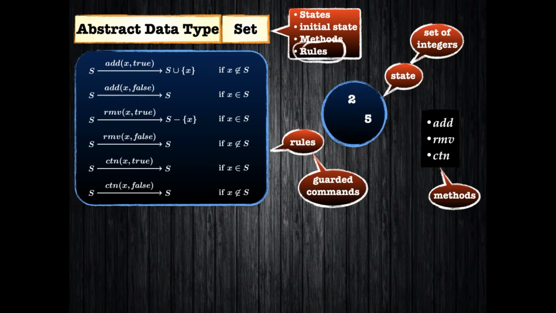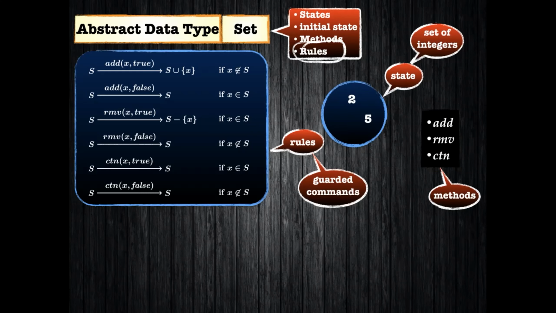In fact, this is the full definition of the set abstract data type. It's a set of states, infinitely many states. Why? Because there are infinitely many sets of integers. You have a finite set of method names. You have a single initial state, which is empty. The method names allow you to define the set of rules, each of which is a guarded command.